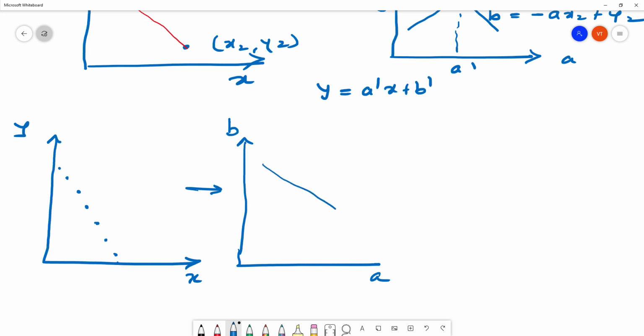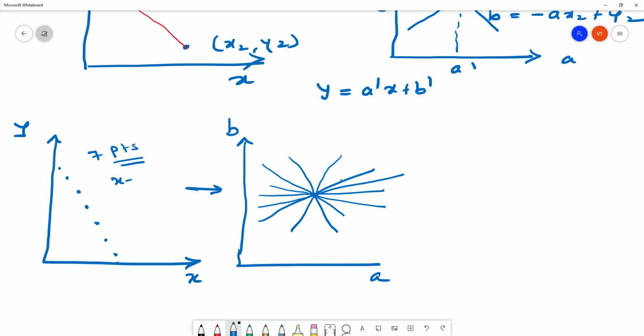So we will get 7 lines in the AB plane, one line for each point. There are 7 points in the XY plane, so there will be 7 lines in the AB plane.